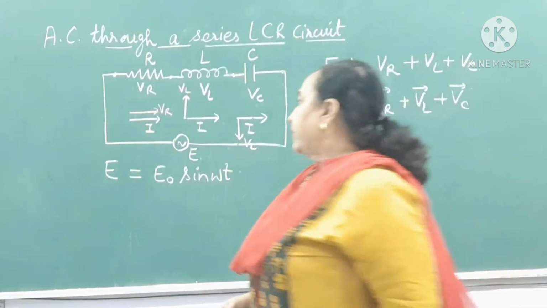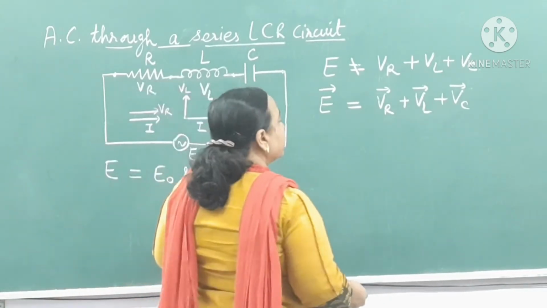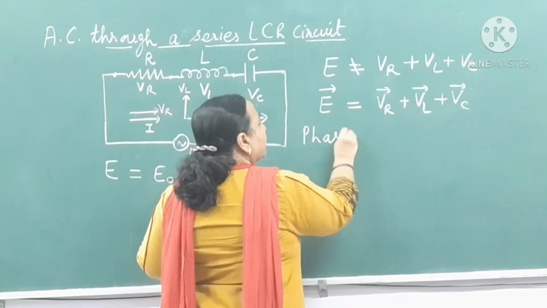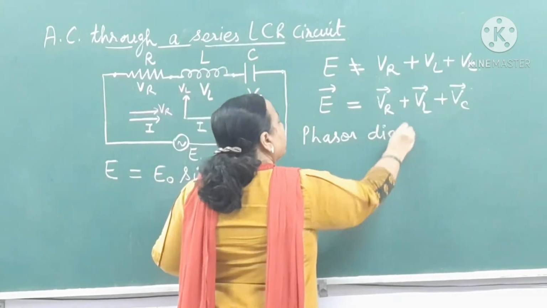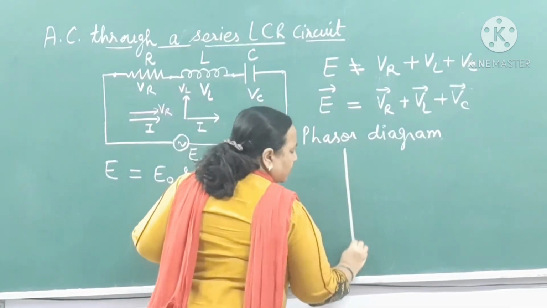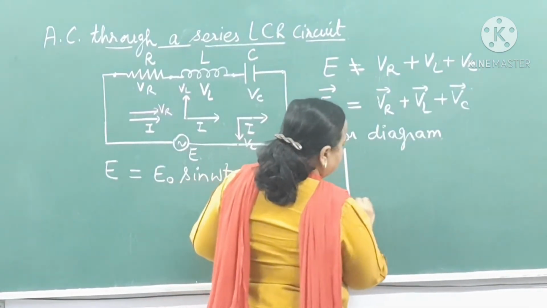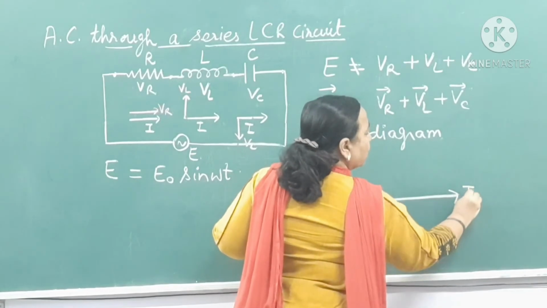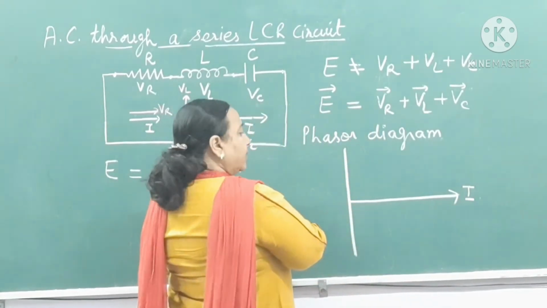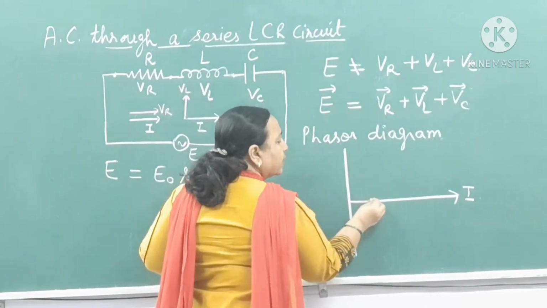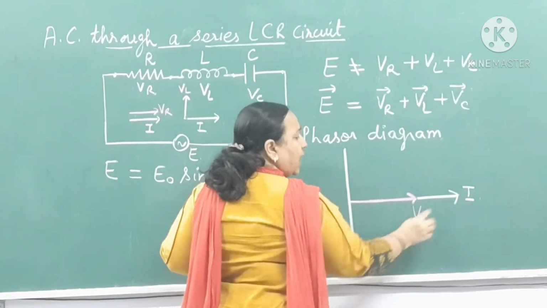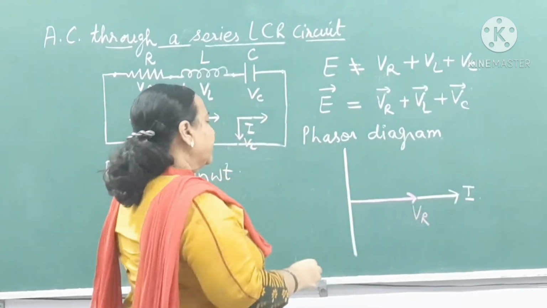To find out the vector sum, let us draw the phasor diagram showing these voltages. It can be drawn in this way. This is, suppose, the direction of the current. Then vector VR is plotted along this direction itself because VR is in phase with the current.